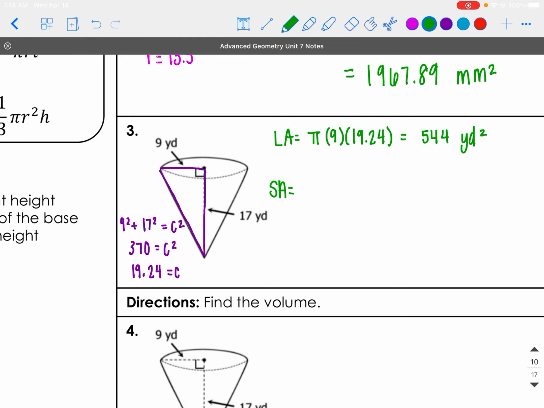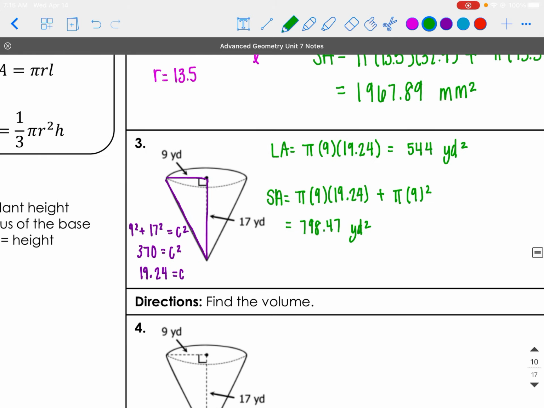And the surface area is pi times 9 times 19.24 plus pi r squared. And we get 798.47 yards squared.